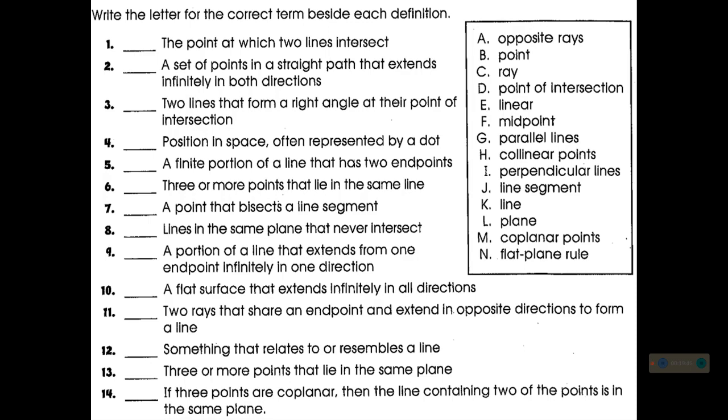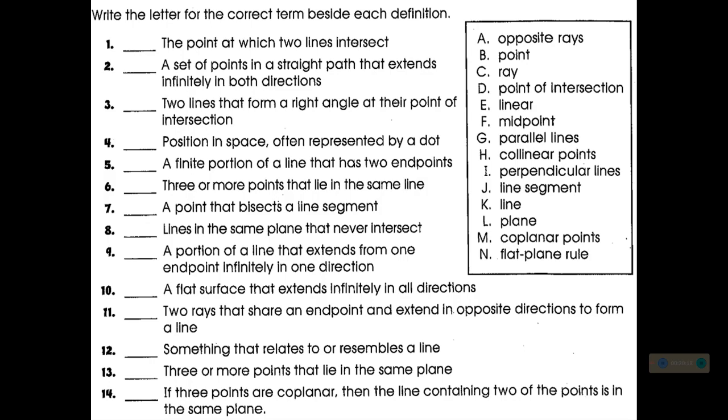Next, number 2. A set of points in a straight path that extends infinitely in both directions. That is correct, a line. So letter K. Next, let's have number 3. Two lines that form a right angle at their point of intersection. What do you call that? Correct.